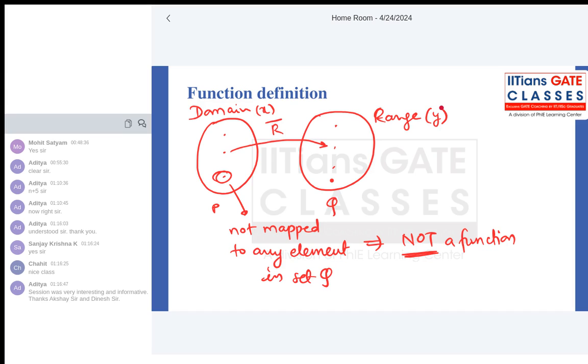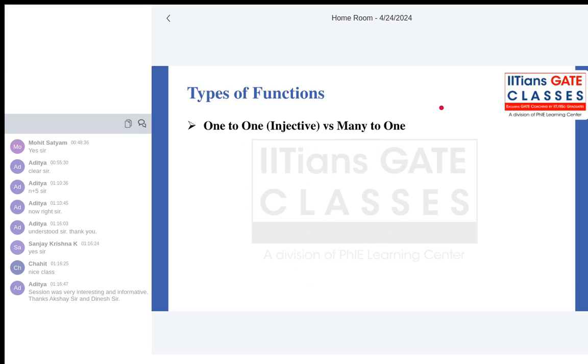In other words, a relation R bar from set P to Q is said to be a function if every element in set P is mapped to an element in Q, which is sometimes written as having an image in Q, but these are equivalent. So not every relationship can be called a function. Only a few of them satisfy the function definition, and that is what we are going to use in our calculus class.